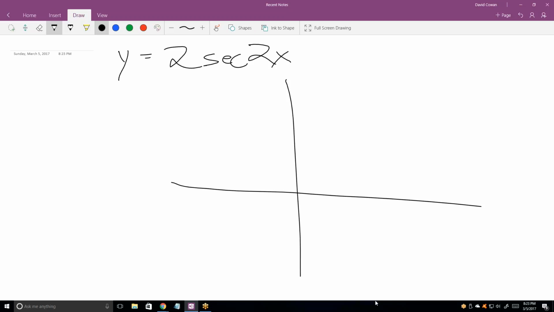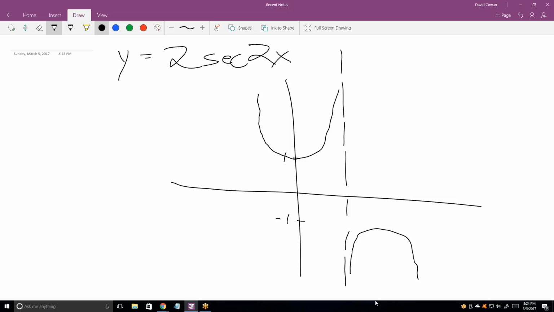So therefore, if that's 1 and that's minus 1, then the secant is going to look like this. With me? Okay. And there's going to be a vertical asymptote right there. And right here.